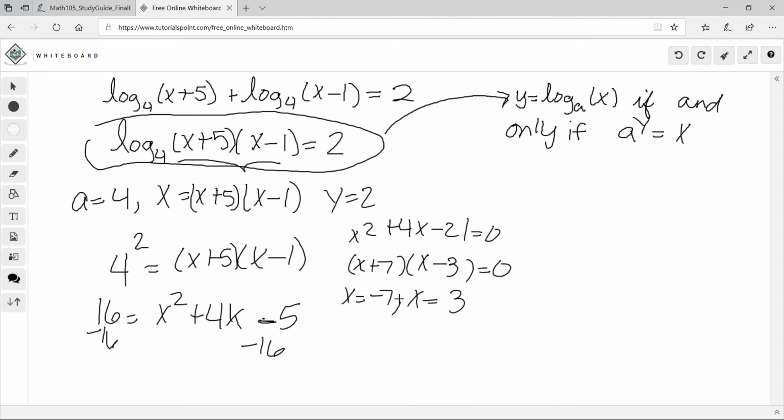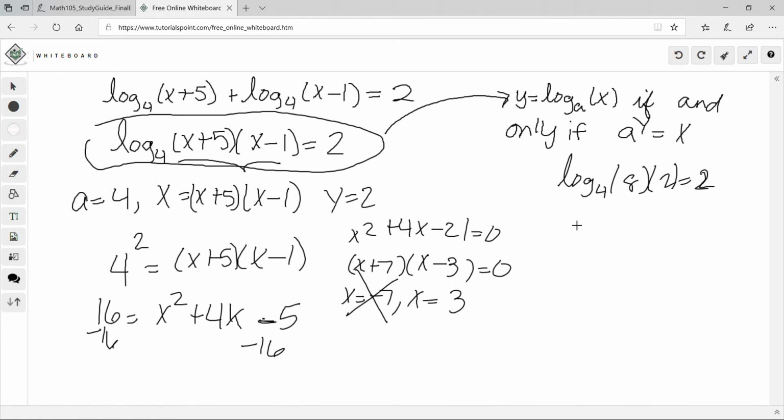Okay, so we can never have a negative inside the log, so we can eliminate negative 7. So let's try x equals 3. So you plug it into the original equation. If you plug it into the original equation, you're going to get log base 4 of 8 times 2 equals 2.